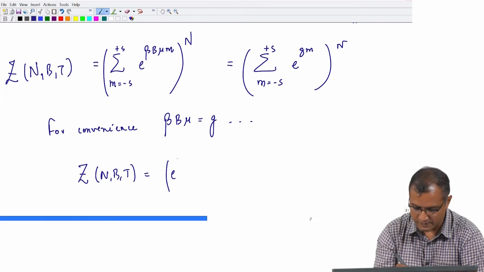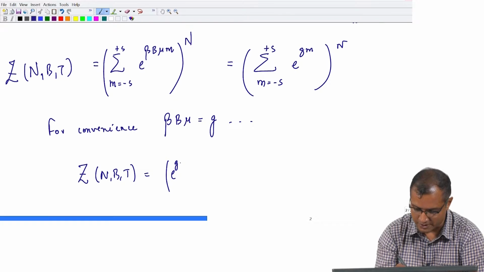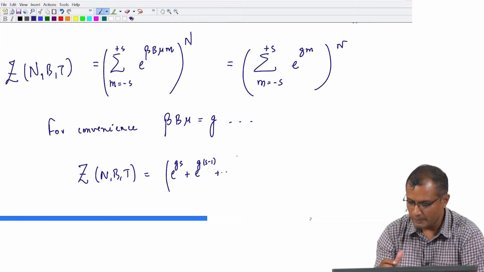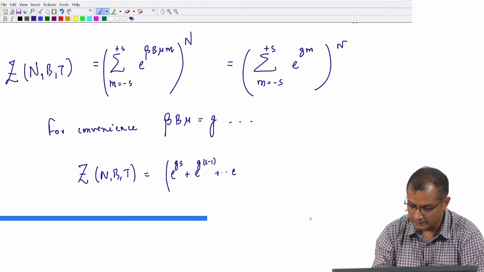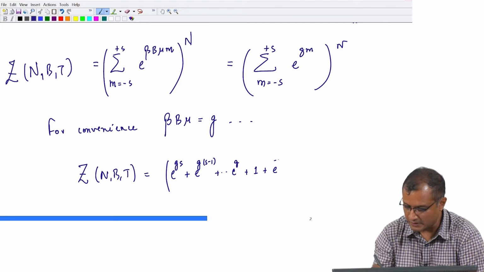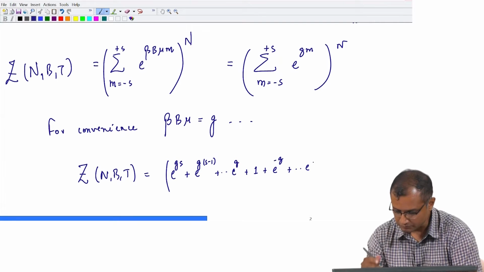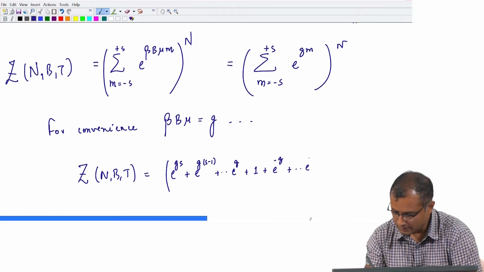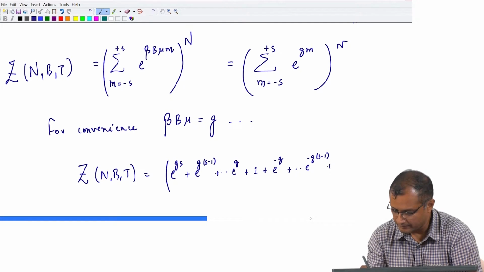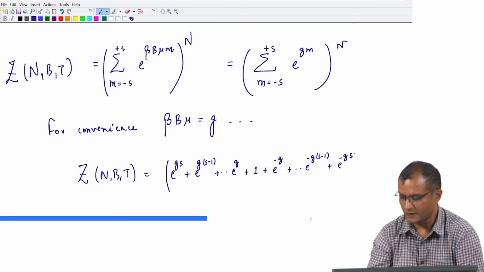The first terms from the positive side: e to the power g s plus e to the power g (s minus 1) all the way to e to the power g, plus 1, plus e to the power minus g, plus and so on.